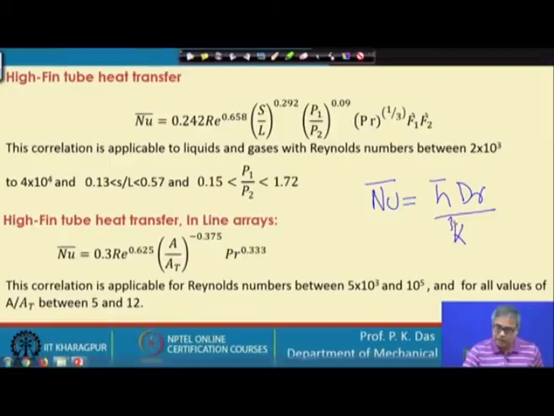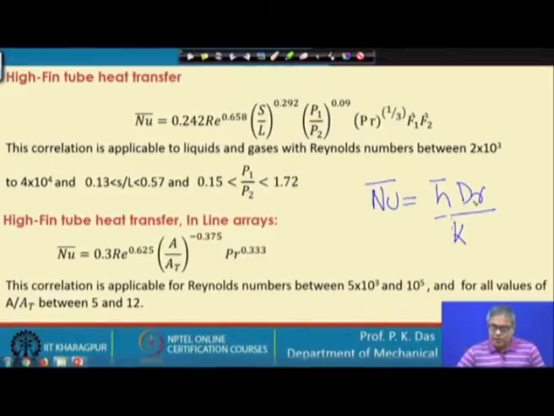This definition we have used: Nu bar is equal to h bar dr by k. h bar is the average heat transfer coefficient, dr is the root diameter or the outside diameter of the tube, and k is the conductivity of the gas which is flowing.